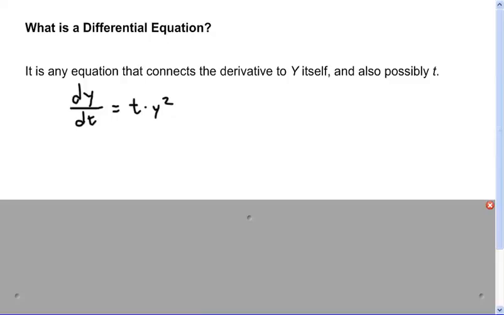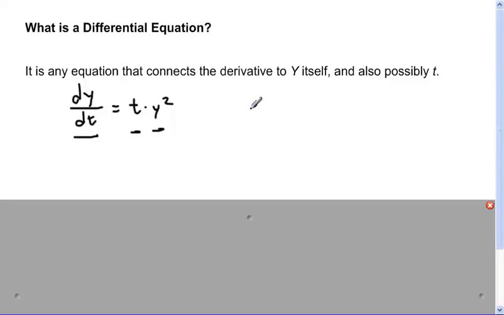So what we're saying is there's this quantity y that's changing, and how fast it's changing, the rate of change at all times, is equal to whatever the time is times whatever y itself is squared. So for whatever reason, this quantity changes in that way. How fast it changes is always going to be equal to what it is squared times the time. So that's a differential equation.